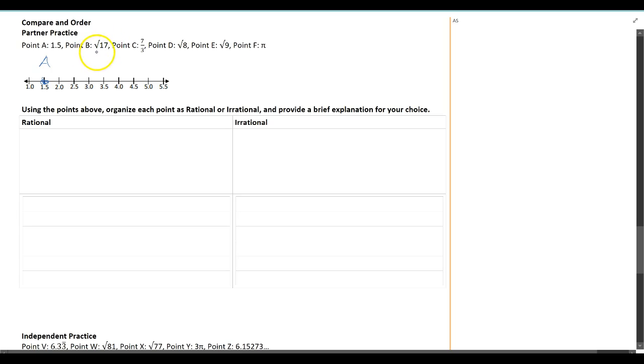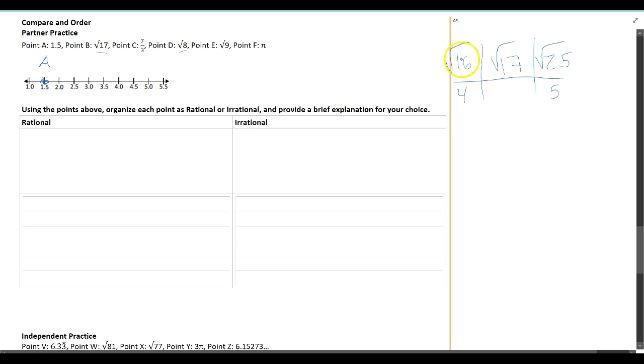You're going to be estimating the value of these numbers as we practiced yesterday, such that we're saying, well, 17 is between what two perfect squares? Well, 16 and 25. That'd be 4. That'd be 5. I know it's between these two perfect squares. So which is it closer to?